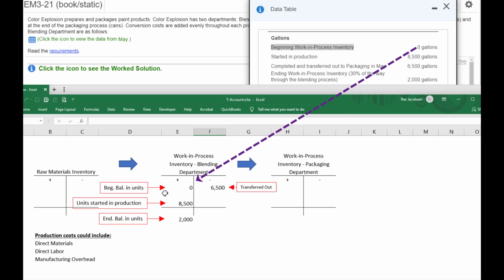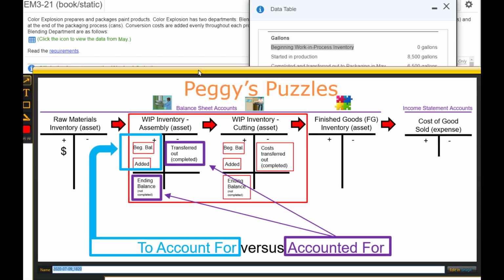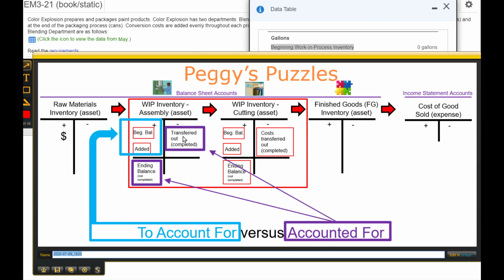Started in production, 8,500. So the units to account for, and let me show you another screenshot from our PowerPoint. The units to account for are beginning balance and then the units added. And the units accounted for are the ones transferred out and the ones that are still in the ending balance because they're not completed.